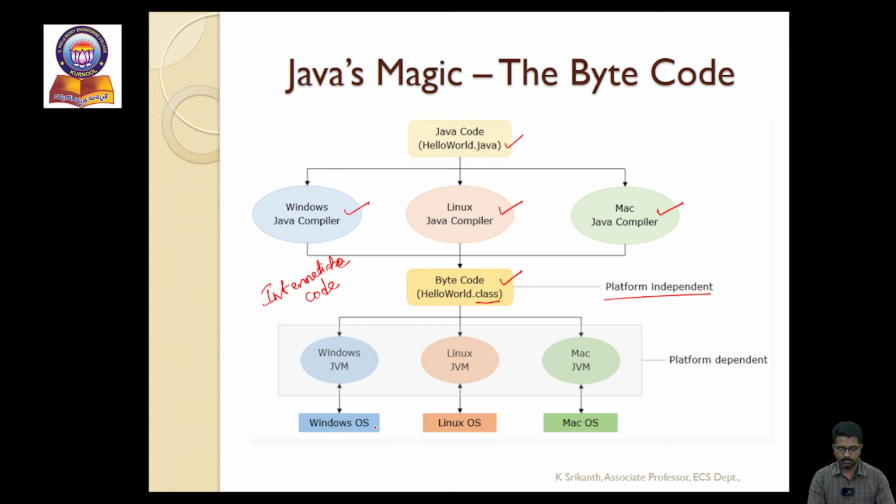The respective OS has to develop its own JVM. So the Linux OS has to develop a Linux JVM, and Mac OS has to develop a Mac JVM, to make bytecode be converted into machine code and run on the system.